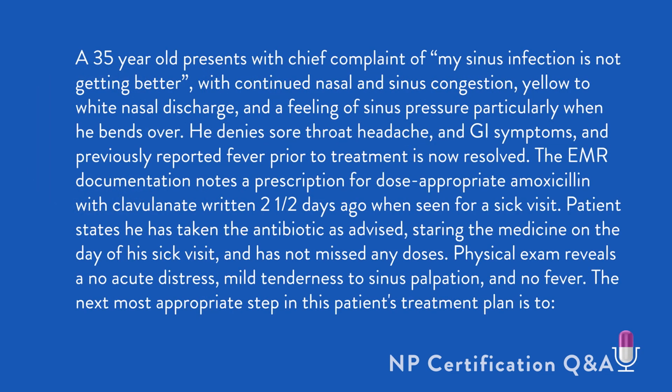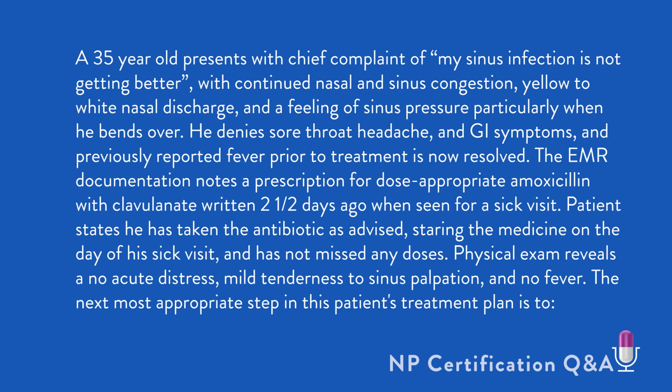A 35-year-old presents with the chief complaint of, "my sinus infection is not getting any better," with continued nasal and sinus congestion, white to yellow nasal discharge, and a feeling of sinus pressure, particularly when he bends over. He denies sore throat, headache, or GI symptoms, and previously reported fever prior to treatment is now resolved.